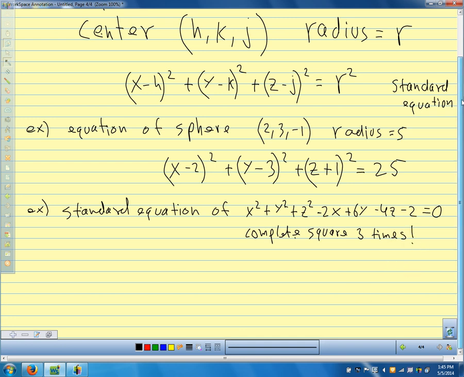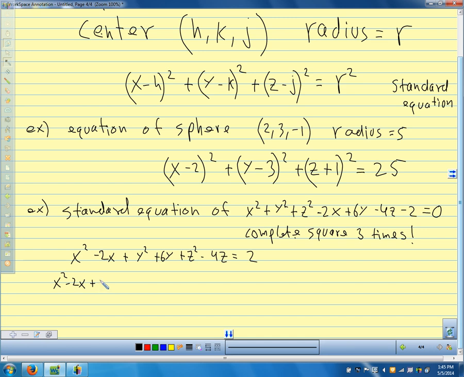Just when we thought we were done completing the square. So let's group our terms: x squared minus 2x plus y squared plus 6y plus z squared minus 4z equals 2. All right, so let's complete the square on the x. X squared minus 2x, what completes the square here?